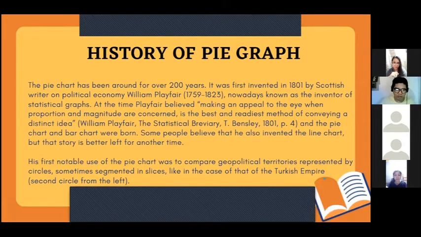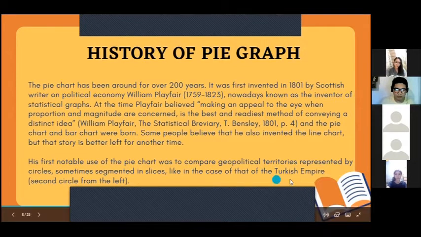The history of the pie graph. The pie graph or chart has been around for over 200 years. It was first invented in 1801 by Scottish writer and political economist William Playfair, 1759 to 1823, nowadays known as the inventor of statistical graphs.